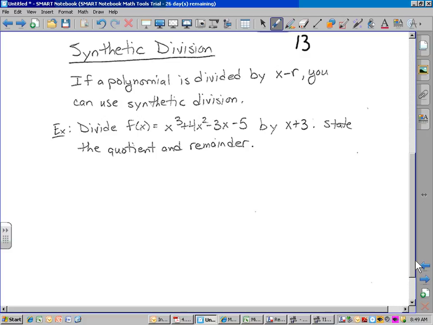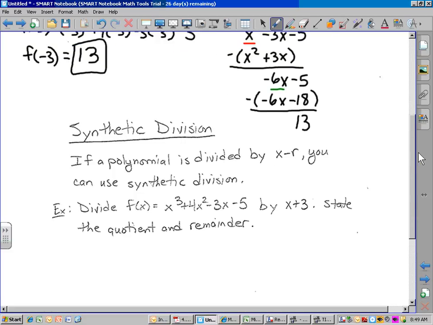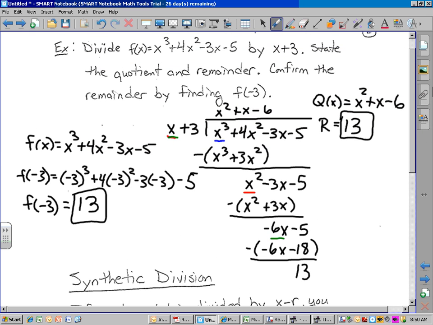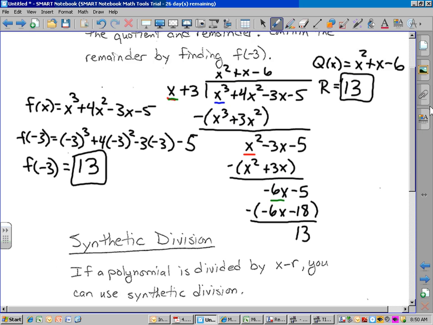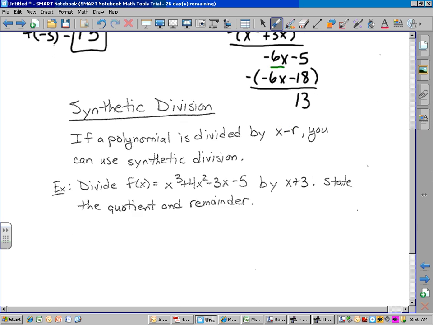So let's look at the example. Exact same one we just did. Take a look here: x cubed plus 4x squared minus 3x minus 5 divided by x plus 3.